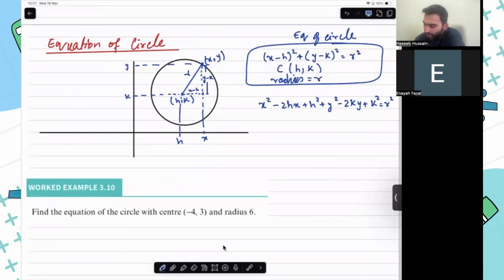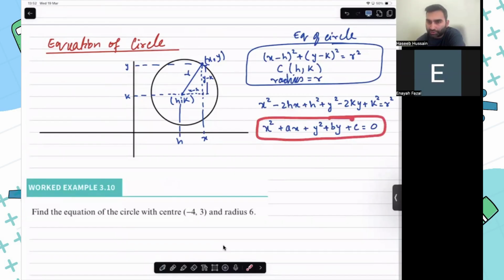Now, I'm going to write it in the form of x square plus ax plus y square plus by plus c equals 0. What I've done is I've written minus 2h as a, minus 2k as b, and h square plus k square minus r square as c. Get it? So this is the simplified form of the circle equation.